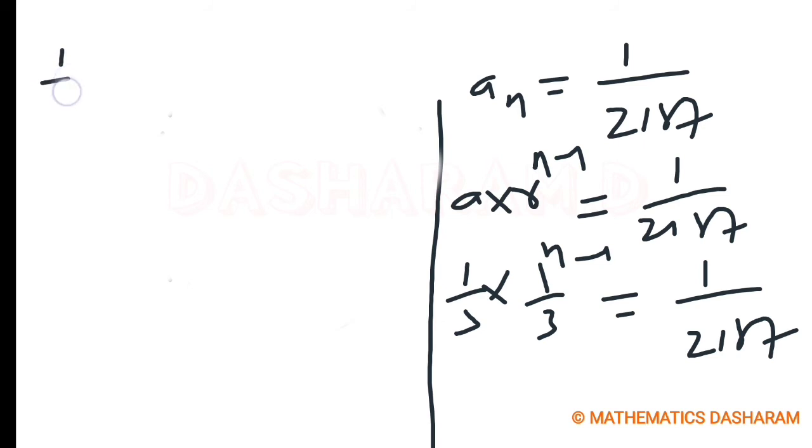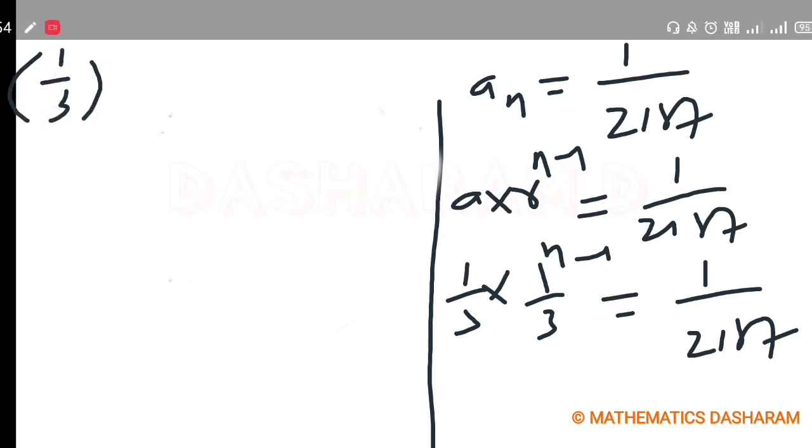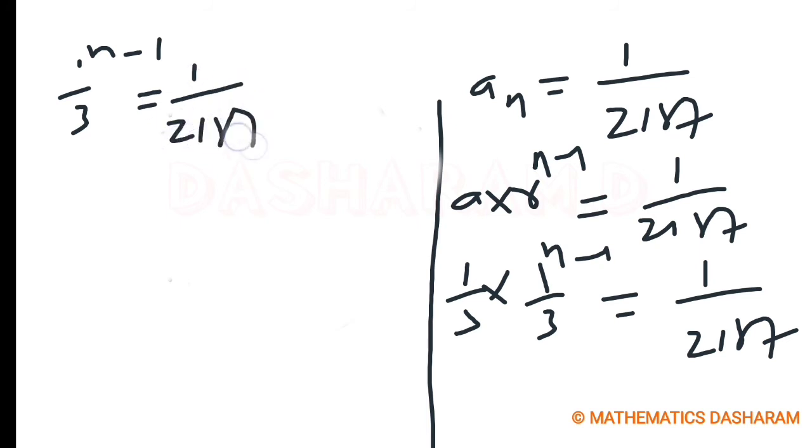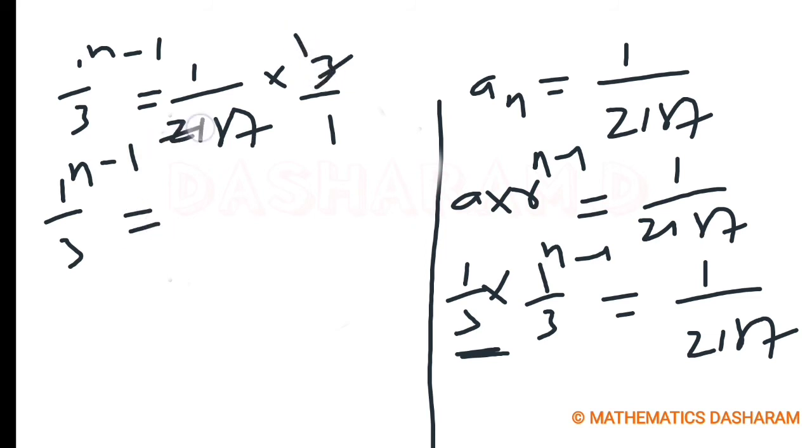Here 1 by 3 can be written as 1 by 3 whole power n minus 1. Instead of this, 1 by 3 whole power n minus 1 equals 1 by 2187. This 1 by 3 transposed to the RHS side will become reversed. So 1 by 3 whole power n minus 1 equals, here 3 1s are 3, 3 6s are 18, a remainder 3, next digit 8.